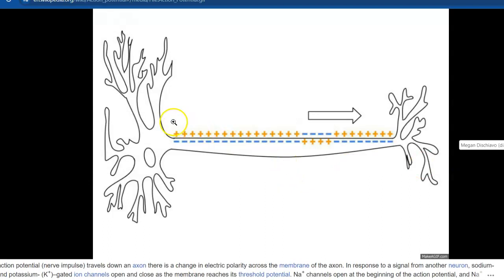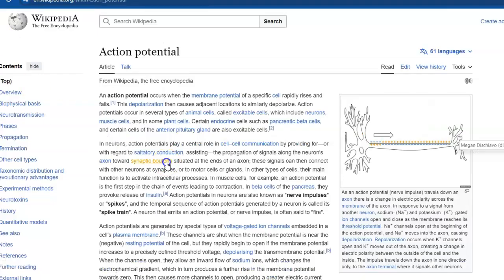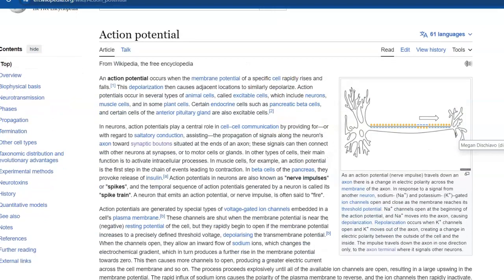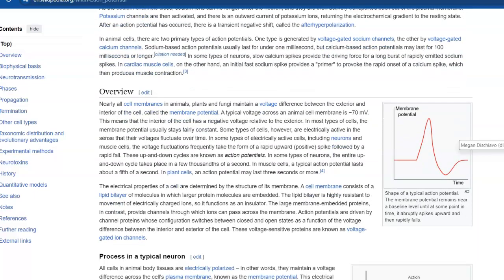An action potential would move down the length of the nerve to send a signal, say, from your brain out to your hand, to tell your hand to move. That is an action potential. And that process happens with the movement of sodium and potassium across those cell membranes. And it is a very complicated process I really don't want to get into.